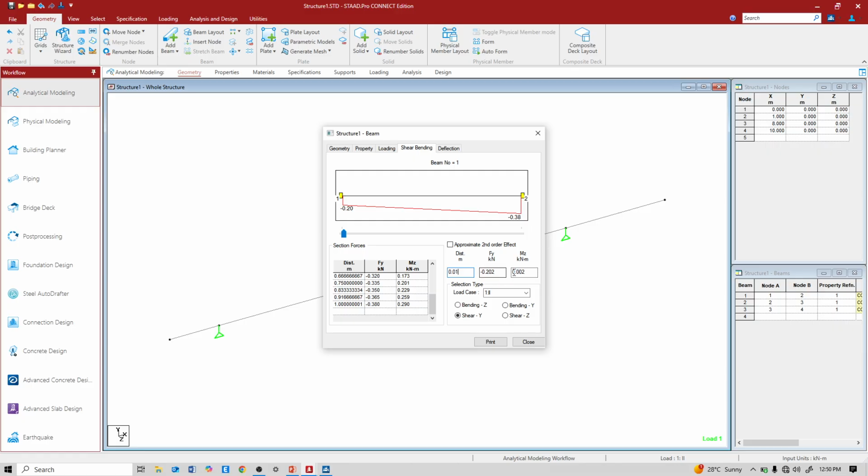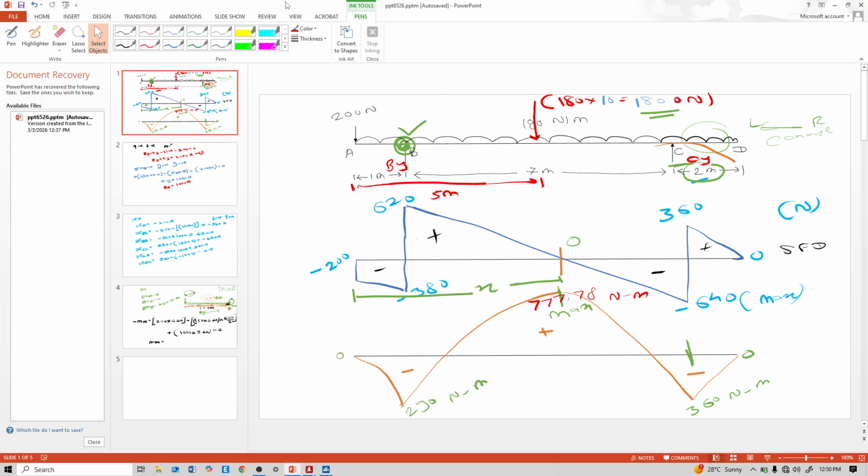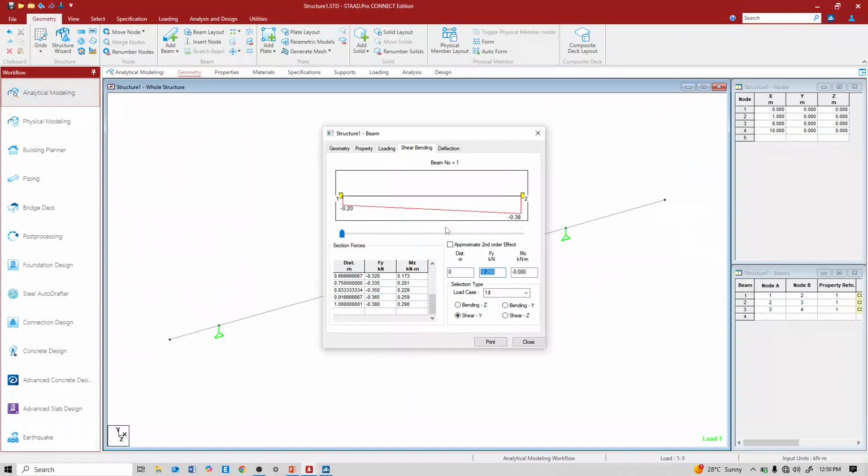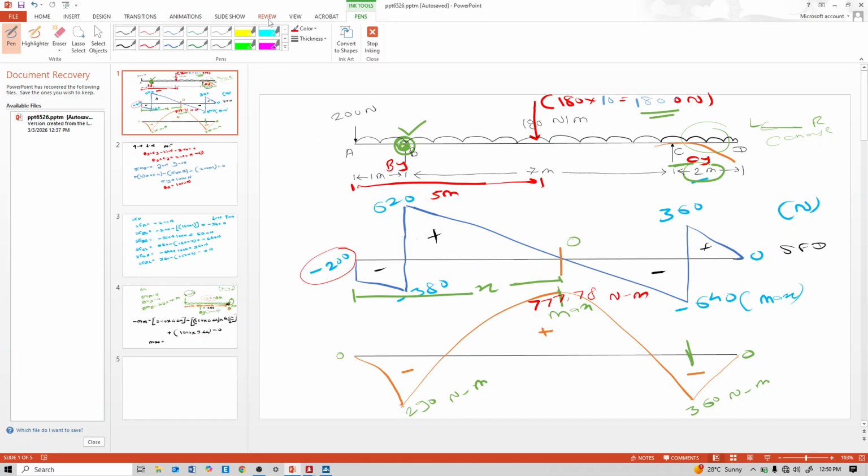See at 0 it is shown Fy is 200 negative and ours is 200. See, this is correct. At 0 it is 200, and the moment is 0. So the moment is also correct.